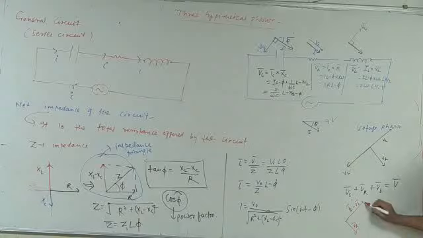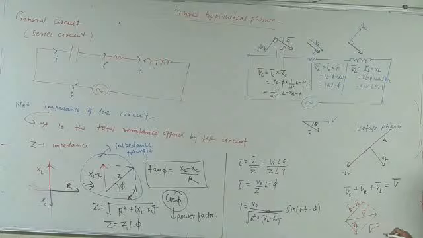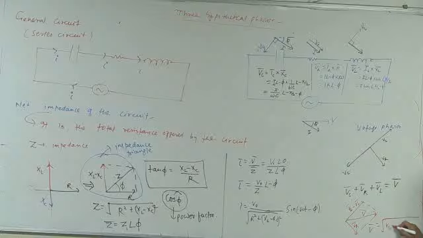The resultant of these two will be V phasor. And V phasor will be root under VL minus VC of whole square plus VR square.